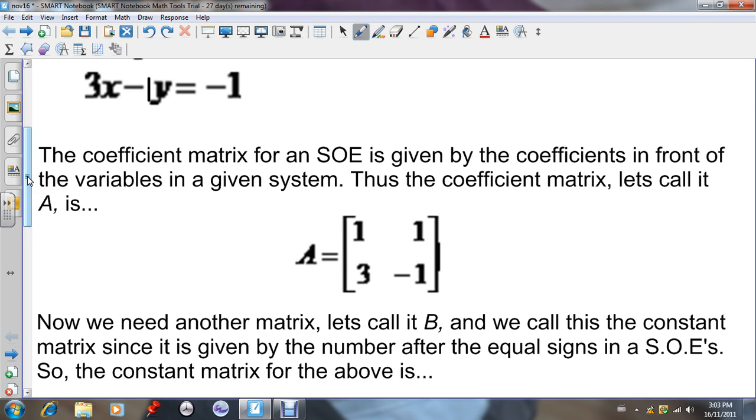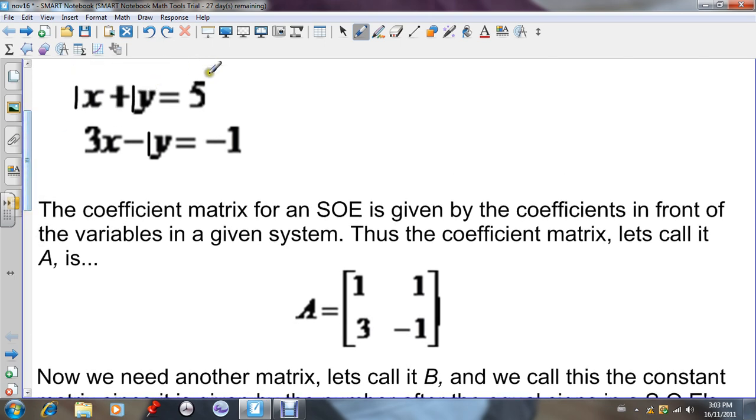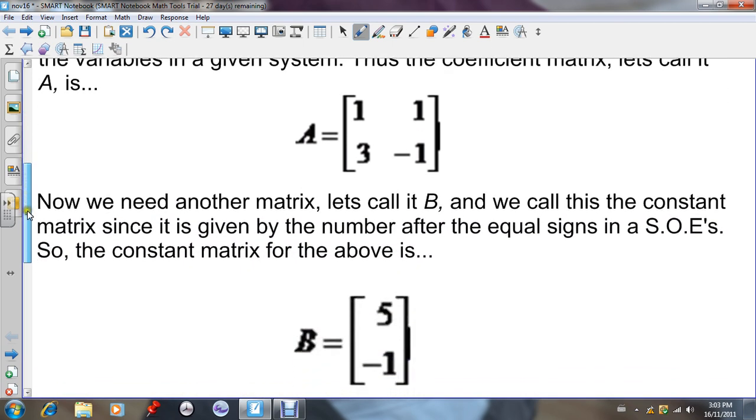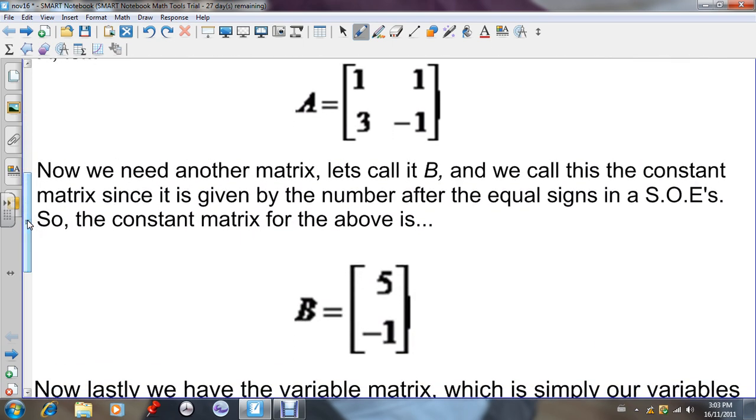So, the constant matrix for the above is, what do you think? So, it's the numbers after the equal to signs. So what do you think B is going to be? You should be saying, sir, it's going to be 5 and negative 1. So you see right here, simple, comes after the equal to signs. This is pretty good, hey.